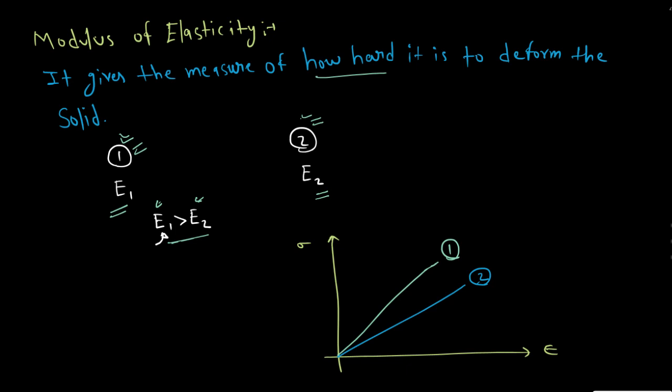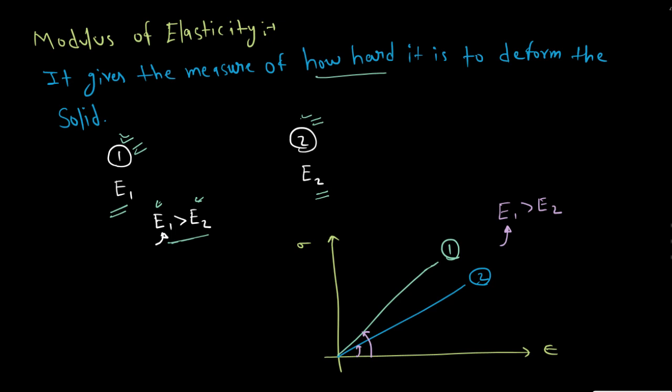From the graph we can say that the slope of material 1 is much larger than the slope of material 2, which simply means E1 is greater than E2, because the slope of the stress strain curve up to the elastic limit gives you the modulus of elasticity. I think this concept is clear.